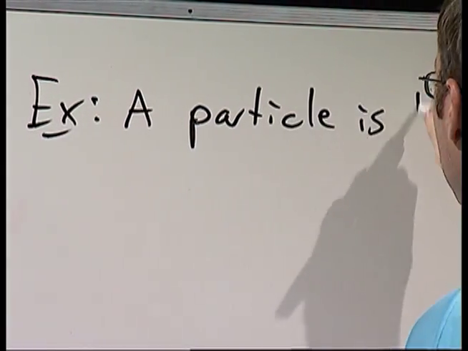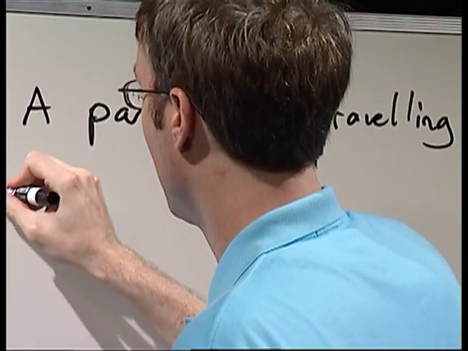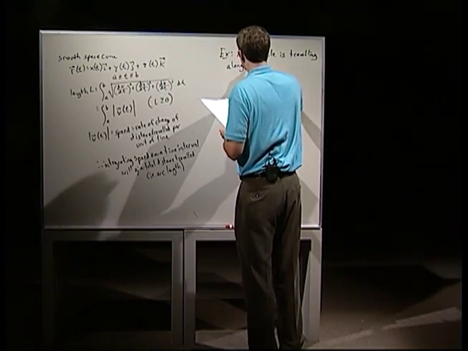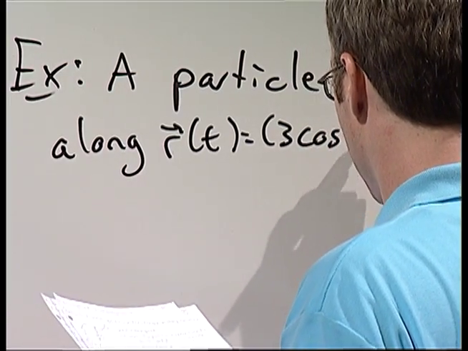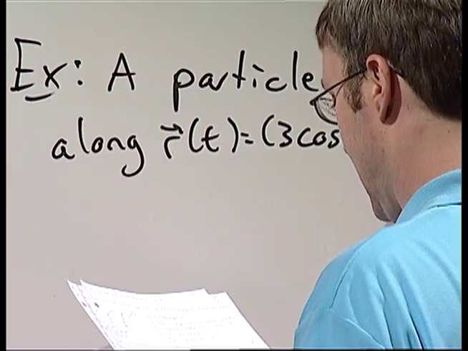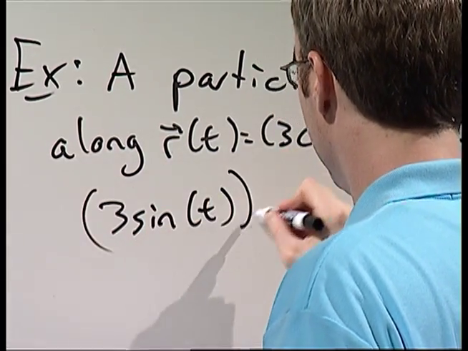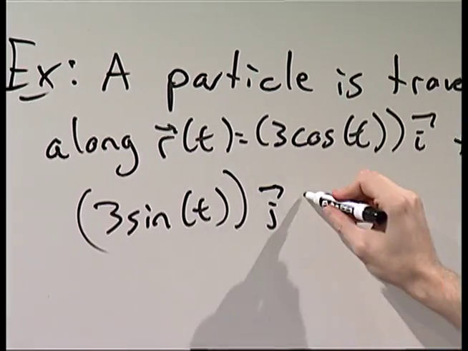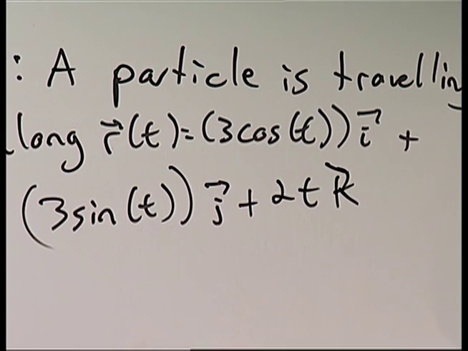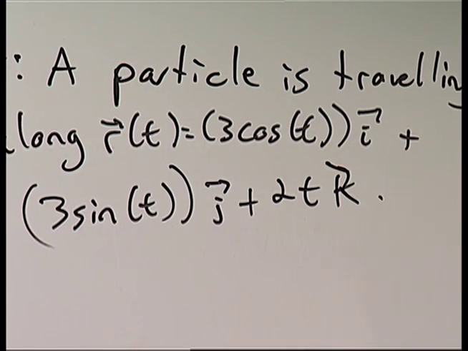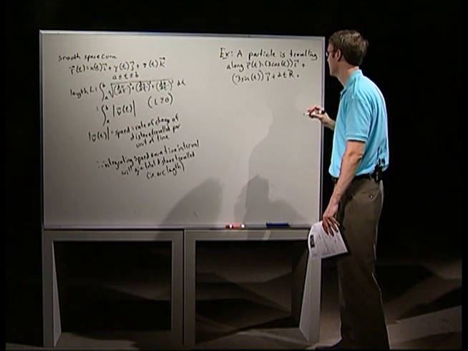So here's a particle. It is traveling along some path, and let's give it a nice, easy helical path: 3 cosine t i plus 3 sine t j plus 2t k. So that's a nice helix. Remember that from 13.1 or previous vector valued functions.